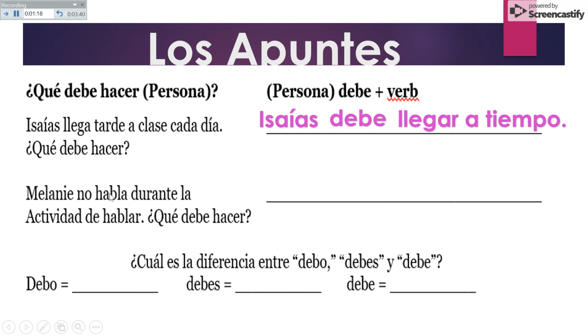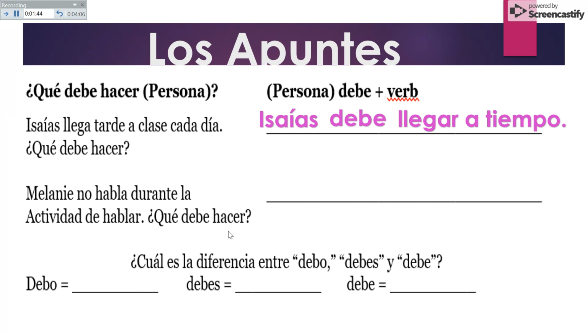All right, moving on to our next example. "Melanie no habla durante la actividad de hablar. ¿Qué debe hacer?" In this example, we have a question of participation. The teacher has assigned the students to engage in a speaking activity, and Melanie is not speaking. So we might recommend that she participates.